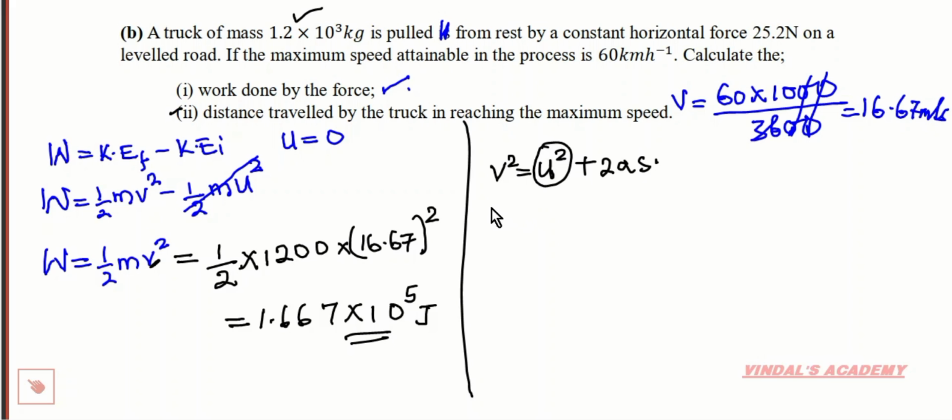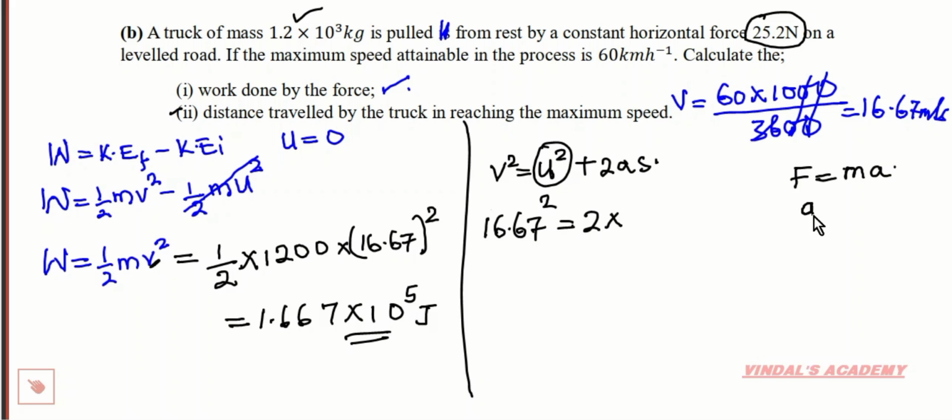So v squared, the v is already given as 16.67. So I am going to have 16.67 all squared is equal to 0 plus 2 times a times s. I don't know a. Where is the force? See, what I mean is this. Force is equal to mass times acceleration.